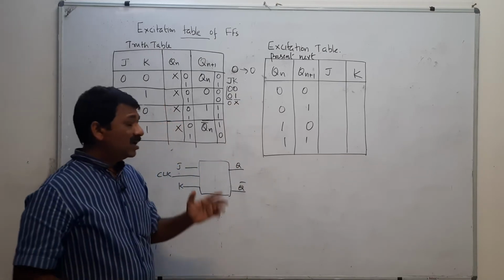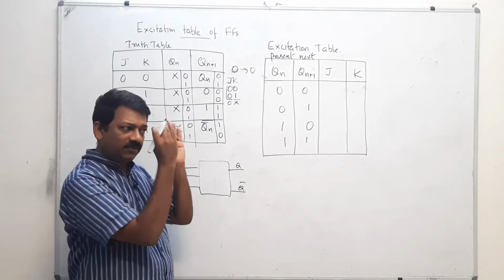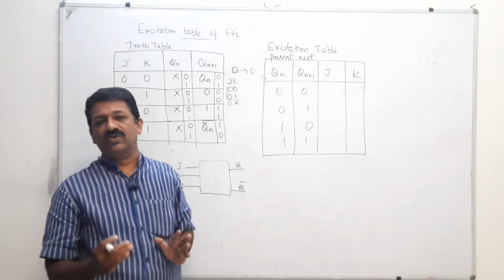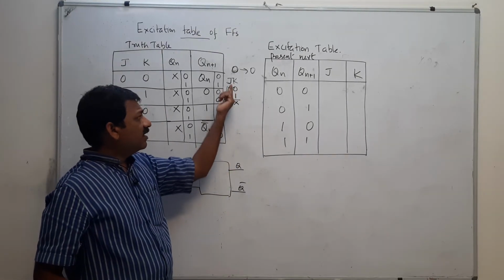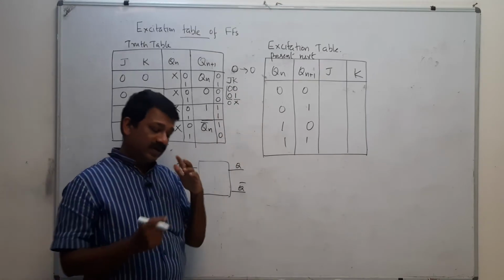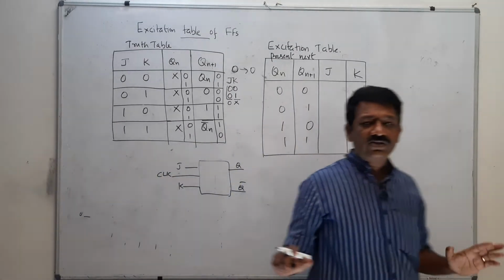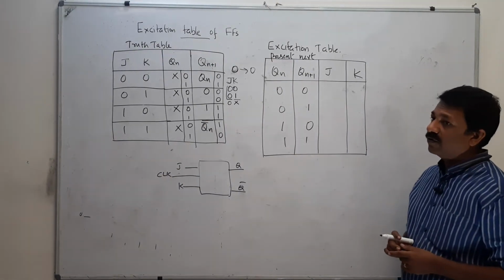That means if you want to have a 0 to 0 transition, that means if the previous value is 0 and the current state also should be 0, the j value should be 0 and we are not interested in the k values. Whether it is 0 or 1, that is not a requisite for this transition.